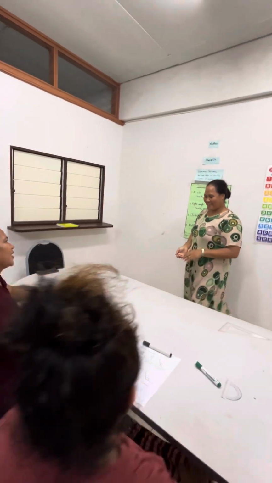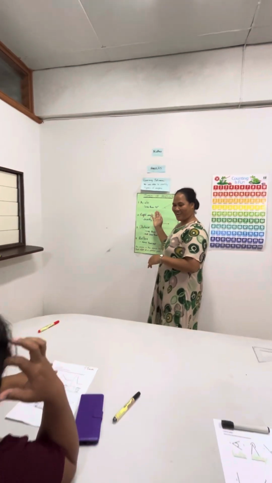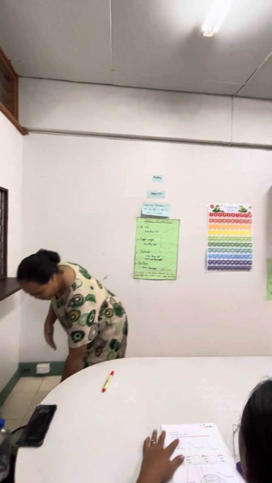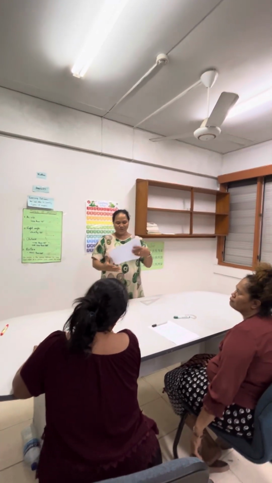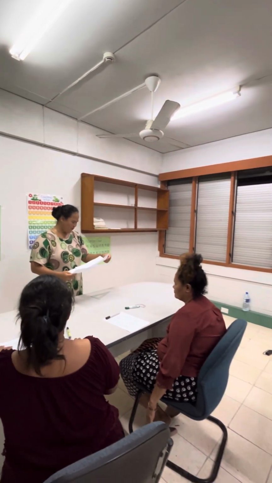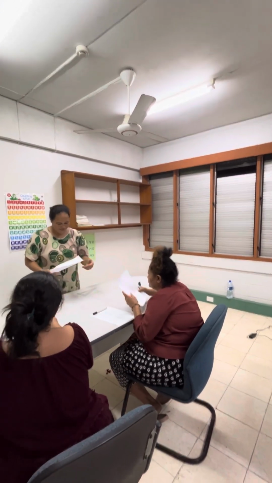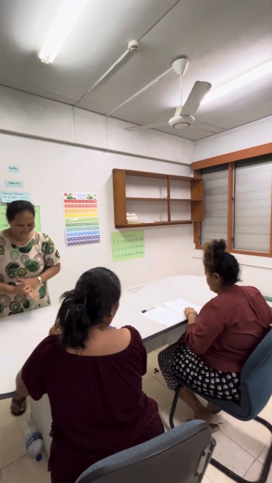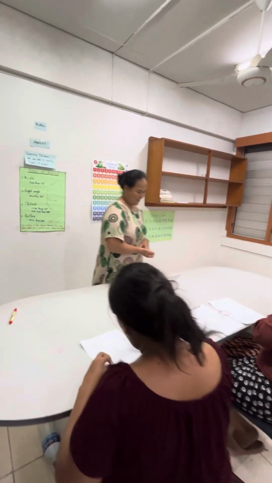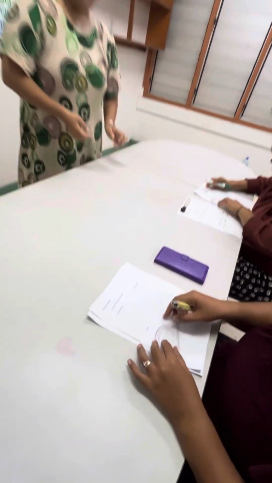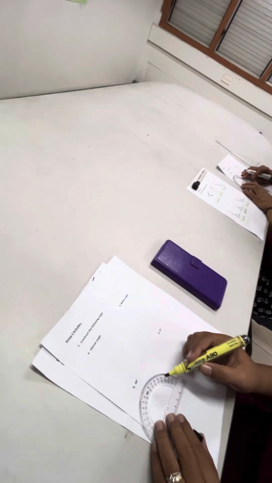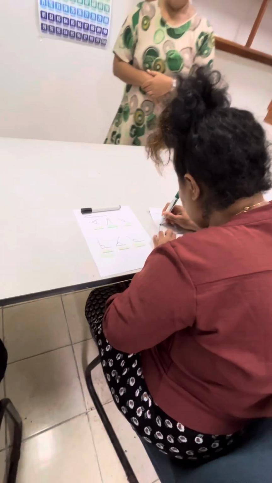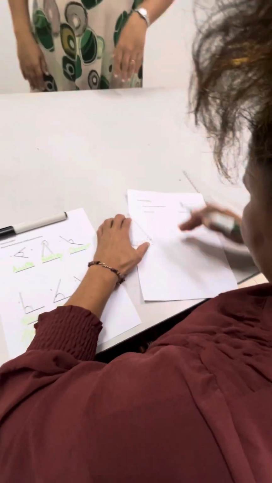Before we come to the end of our class, there's one more activity. I want you to use the protractor in front of you and construct the following angles. If you have any problems, you can raise your hands, or you can refer to our notes on the chart.